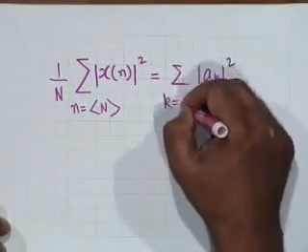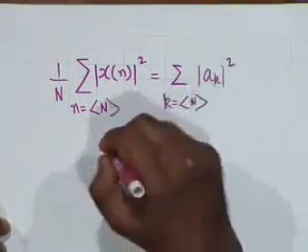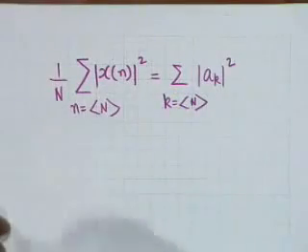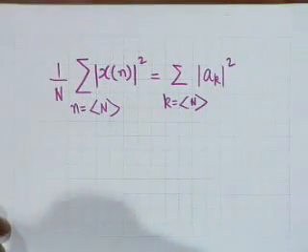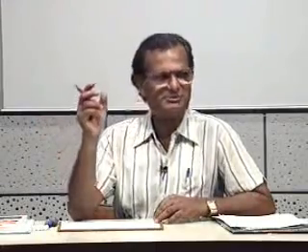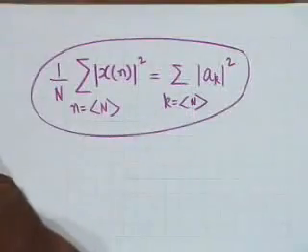Number of terms is N. Once again, this summation is over one period, because the Fourier series is finite. The function is periodic, Fourier series is finite, and therefore all you have to do is this. And the proofs are extremely simple.